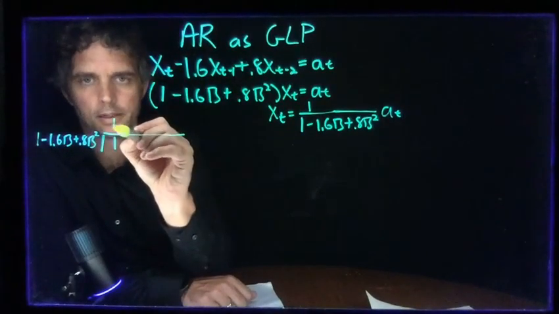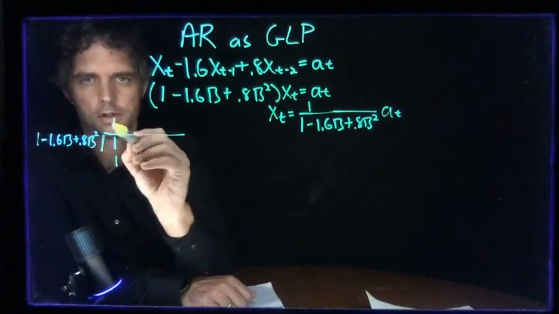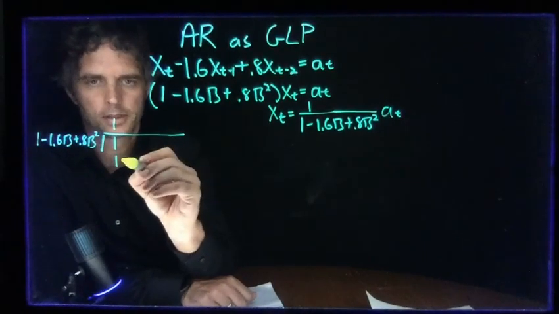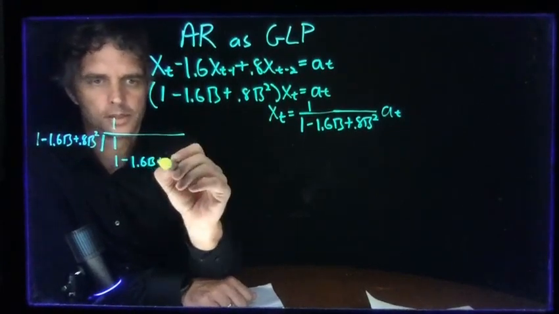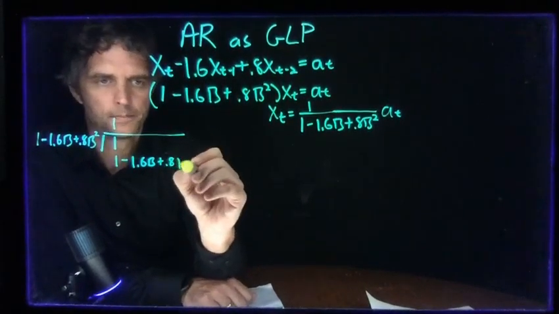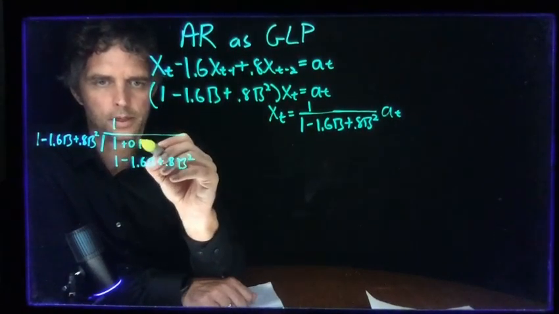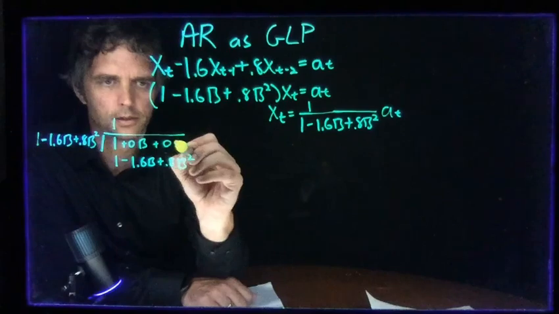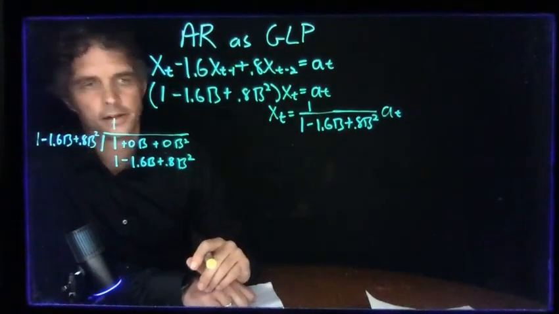Well, that's just 1. So this will be 1 times 1 is 1, 1 times -1.6B, and we're going to end up playing this game several times. But once we see it once, we just repeat it. And remember that this is really plus 0B plus 0B squared, and we'll add the terms as necessary.